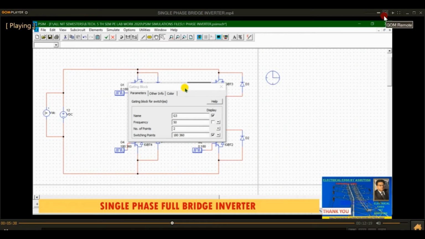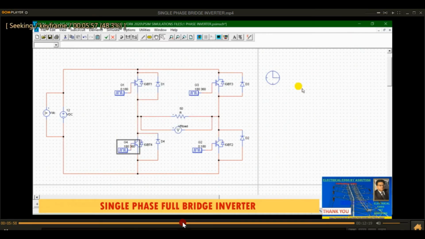So as soon as the gate signal is removed, the thyristors get turned off.